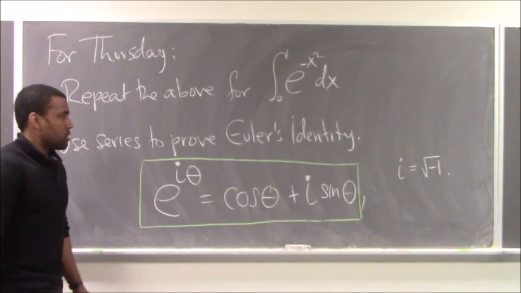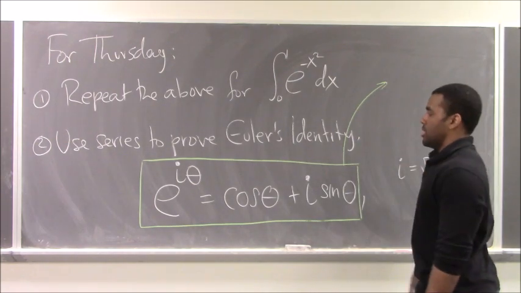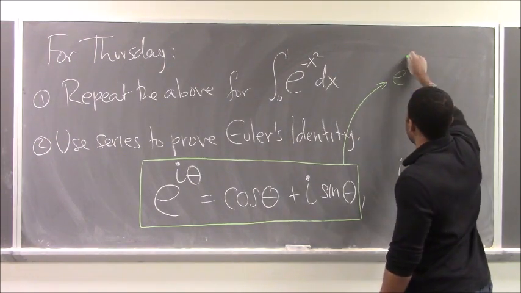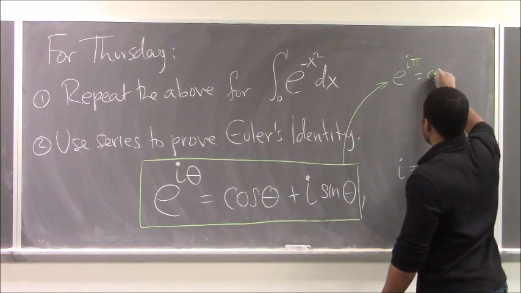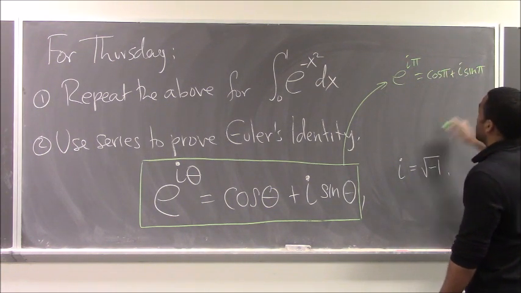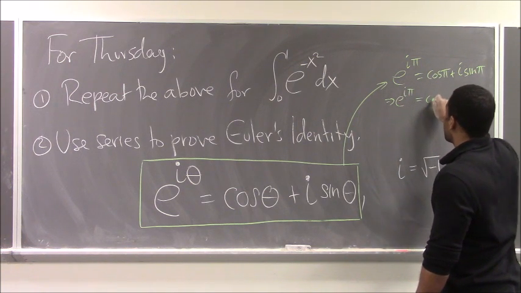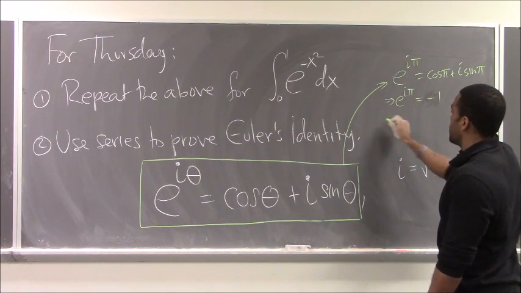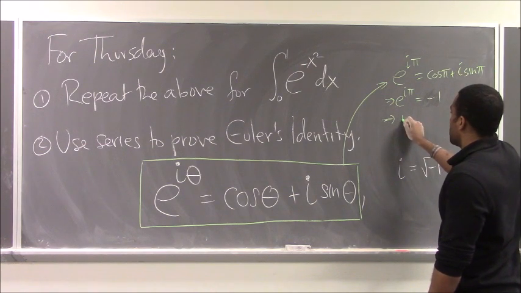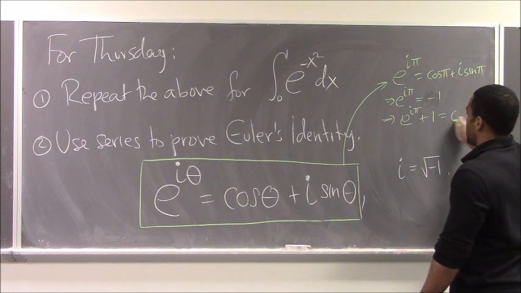But from this, you can realize that e to the i pi is going to be cosine of pi plus i sine of pi, which means that you have e to the i pi equals cosine of pi, which is minus 1, or in other words, e to the i pi plus 1 equals 0.